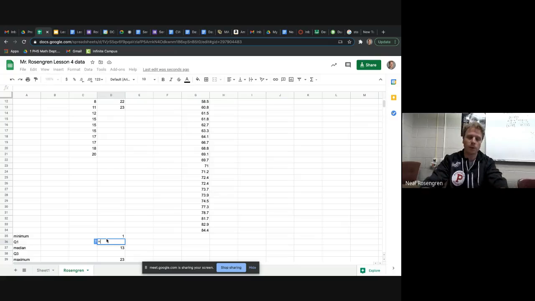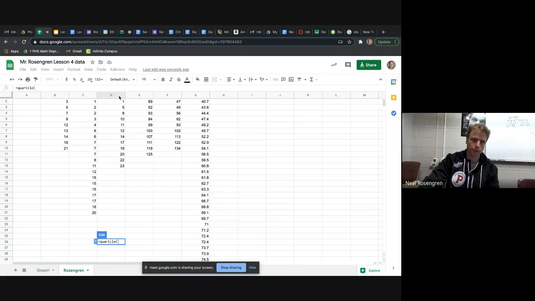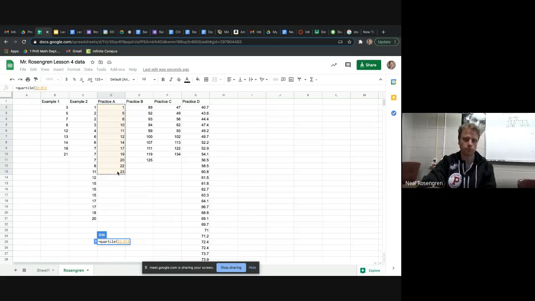Here's the formula. Here's how we're going to write it. Okay, equals quartile, okay, parentheses. Now the data, it's got to look in the whole thing, right? So all of D2 through D13, okay? But here's the thing. We have to tell it whether we want the first quartile or the third.